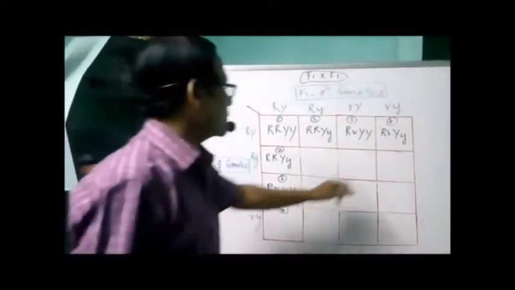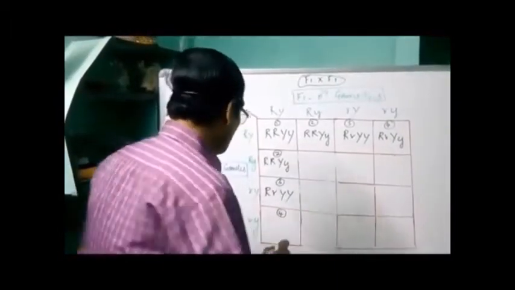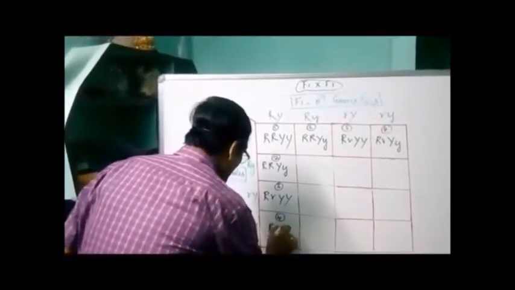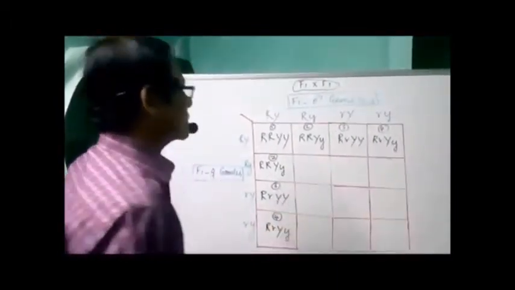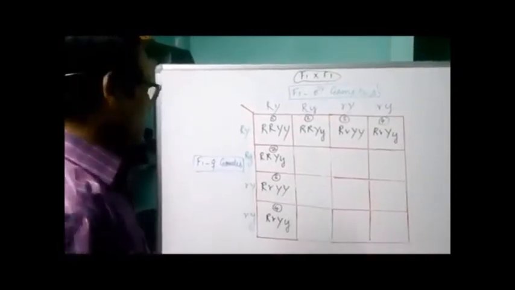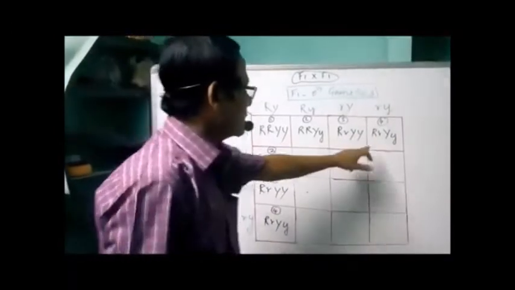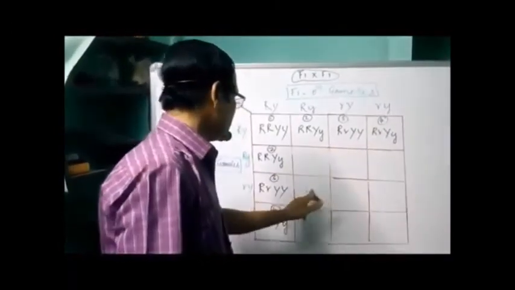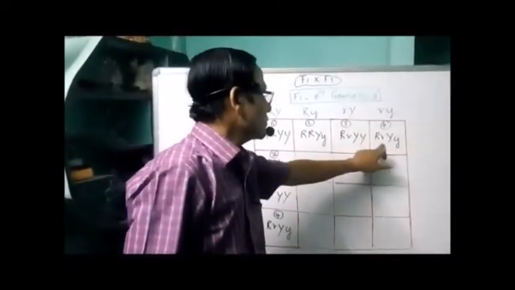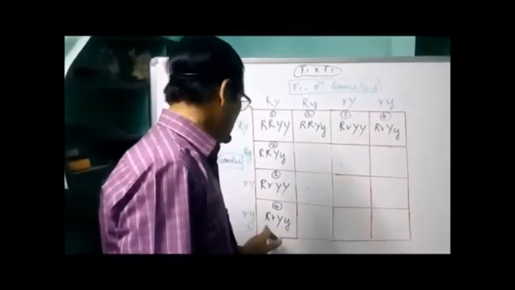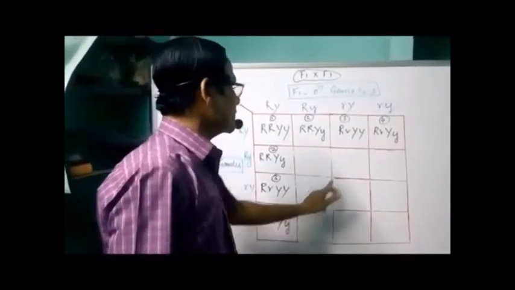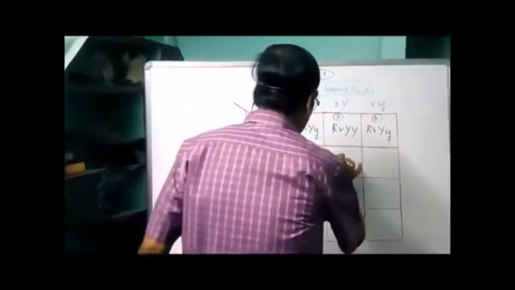Whatever you have in the fourth box, here also in the fourth box. If you take the diagonal line, starting from here, here, here and here, whatever you have in the fourth box, you have the same genotype in the diagonal line.